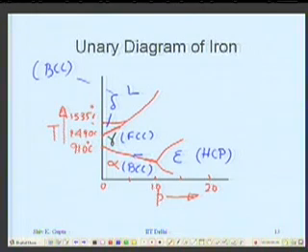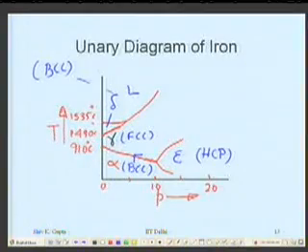If I decrease the temperature from here, I reach into the alpha region. So I cannot change any one of the variables. Once I have chosen this temperature or this pressure, at this point I have chosen that, I cannot change the other one. I have exercised my 1 degree of freedom.